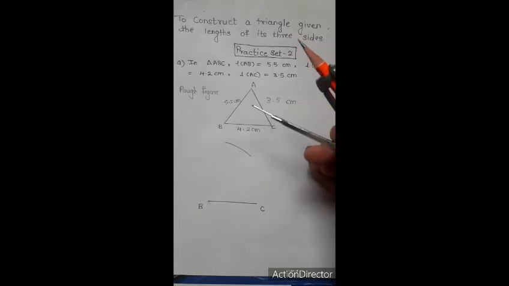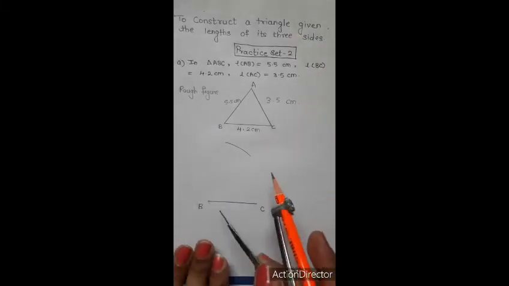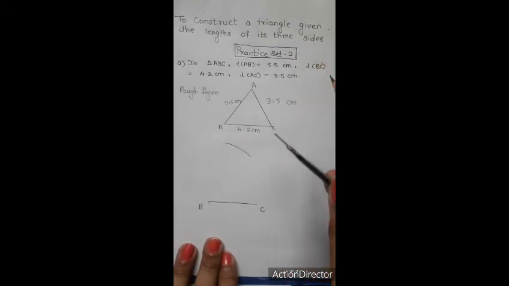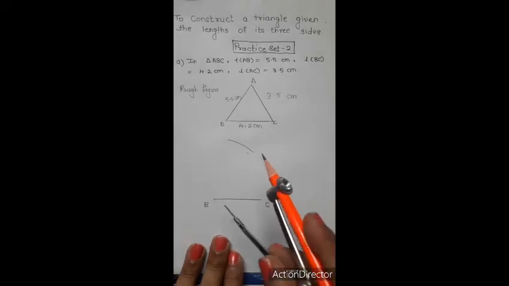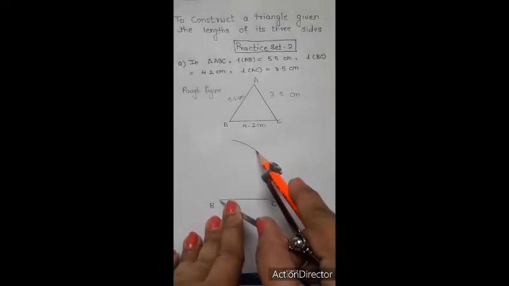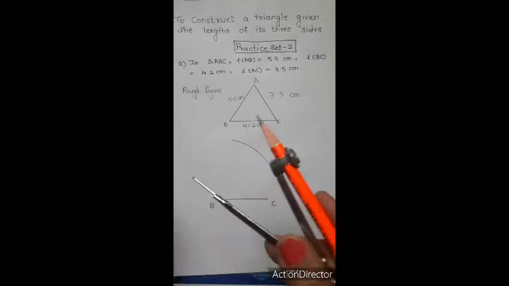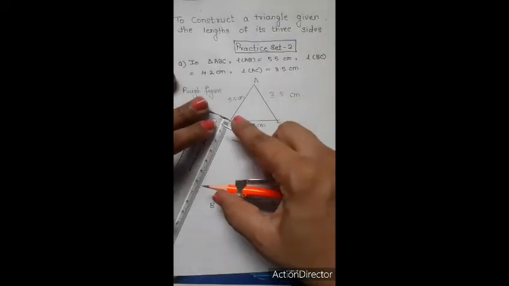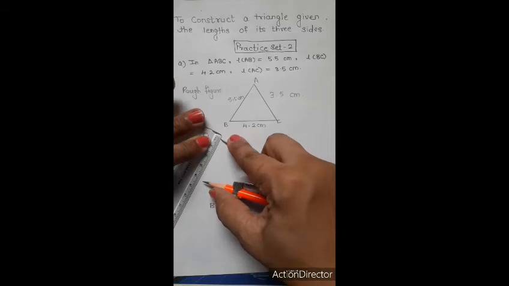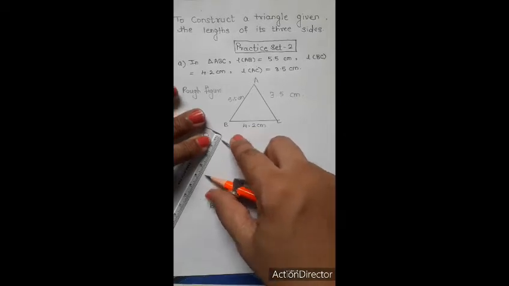Another side which we have is 3.5 centimeters. So this we will decrease a little bit. Take a distance in the compass of 3.5 centimeters.